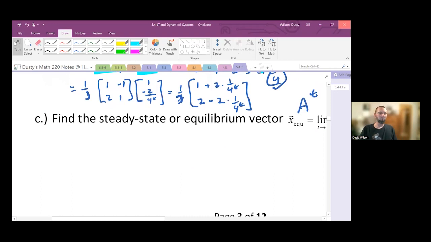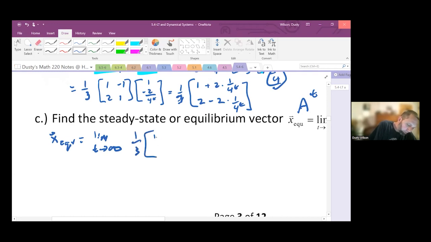In part C, we want to find the steady state or the equilibrium vector. To do that, we find x equilibrium, which is equal to the limit as t goes to infinity of the thing we just found: 1/3 times [1 plus 2 times 1 over 4 to the t; 2 minus 2 times 1 over 4 to the t].